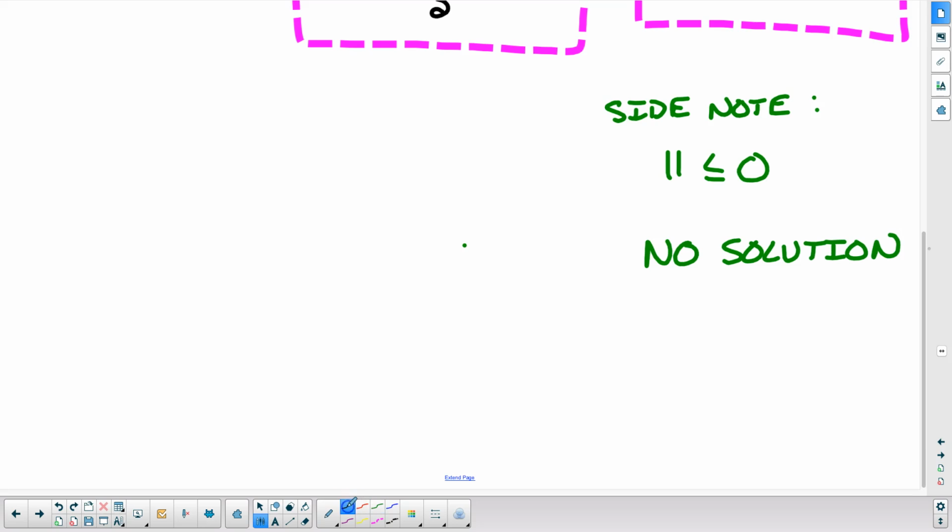And my number line would look just like that. It wouldn't have an arrow on it. Okay? All right?